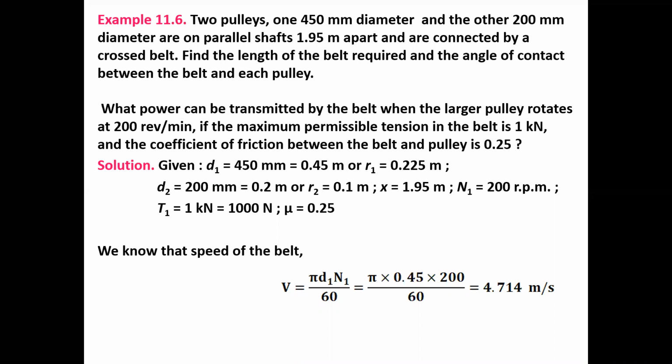D1 is given and R1 is 0.225 meters. D2 is 0.2 meters and R2 is 0.1 meter, X is 1.95 meters, N1 is 200 rpm, and T1 is 1 kilonewton, that is 1000 newtons.